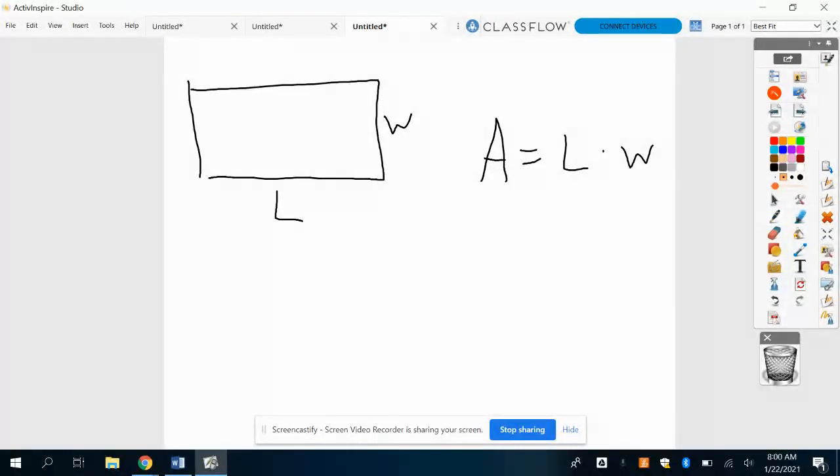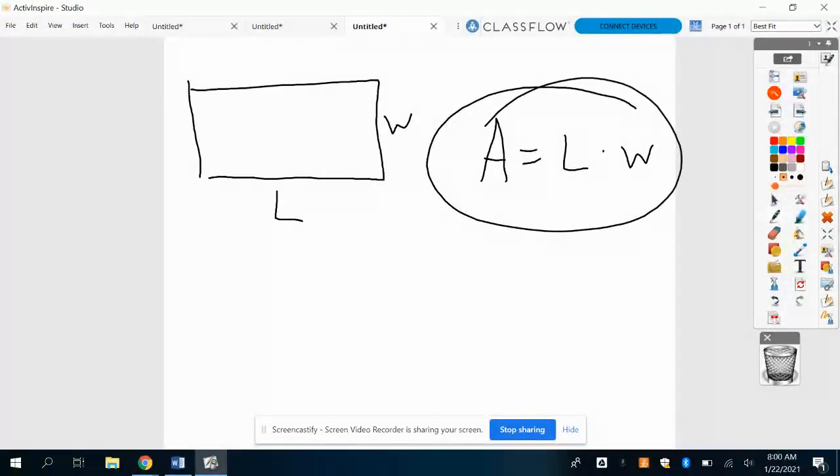So let's say you're in inches, then your area would be in inches squared, and the units for the length and the width are both just inches. The big thing we need to remember is area is always length times width when we're dealing with rectangles, because we're going to need that with the problems we're doing today.